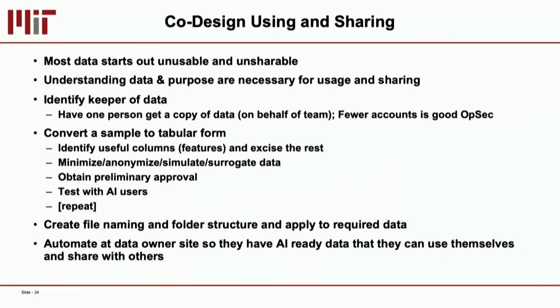Then you want to get a sample or a copy of the data to your team to assess. It is always good to do good OPSEC, which is good operational security, which means fewer accounts, fewer people having access is better. A lot of times people say, oh, here's the data. Give me a list of names that you want to have access to it.